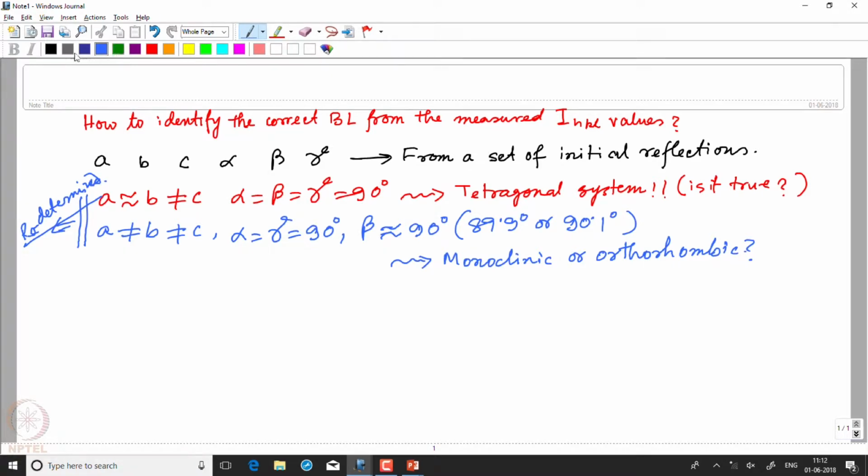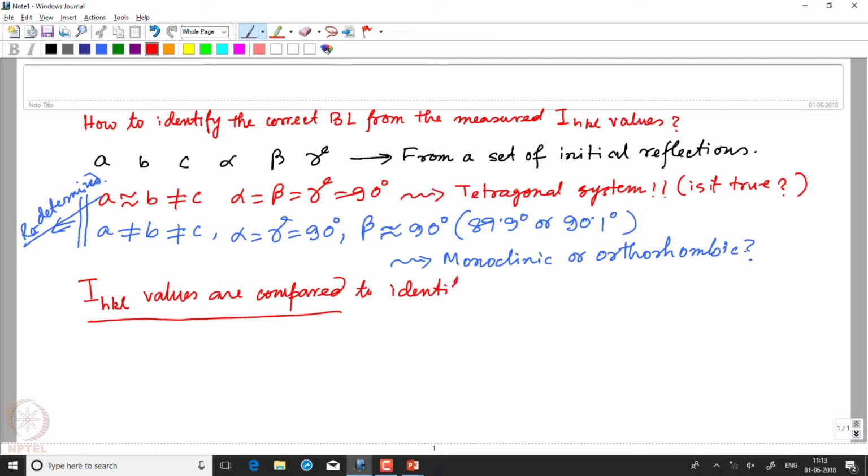And then we compare various IHKL values to identify the crystal system more accurately.